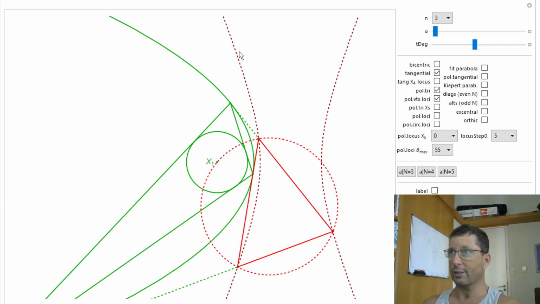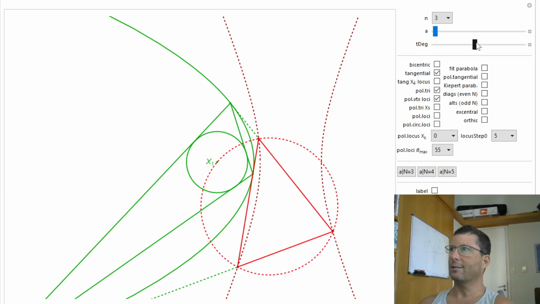Let's think about this. Is this the polar image of the inner or the outer conic? I believe it's going to be the image of the inner conic, right? Because the image of the outer conic, the parabola, is the caustic to this family, which is a parabola itself. This parabola is self-polar. Its polar image with respect to itself is itself.